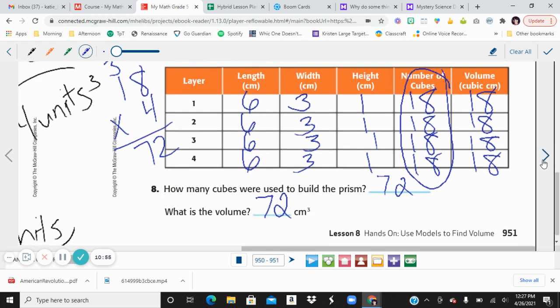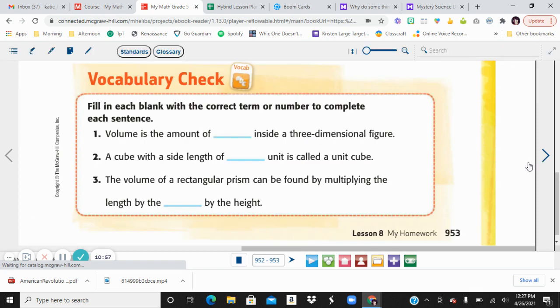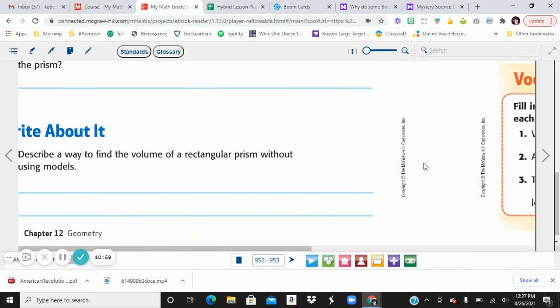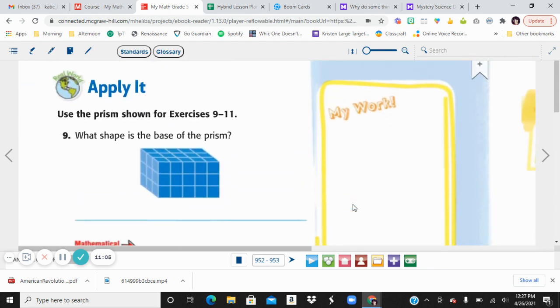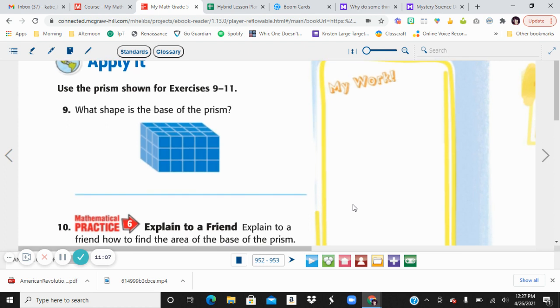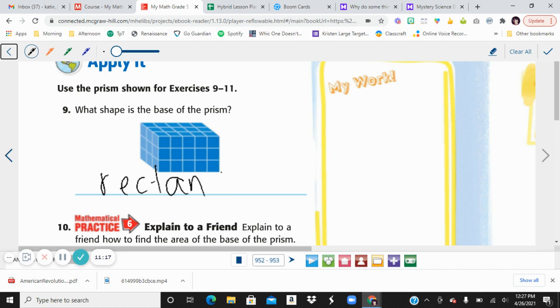I'm going to go to the back page. Okay, number 9, what shape is the base of this prism? The shape that you see as the base is a rectangle, making this a rectangular prism.